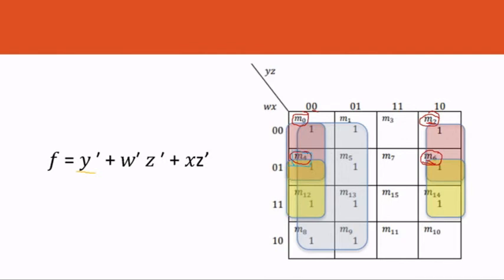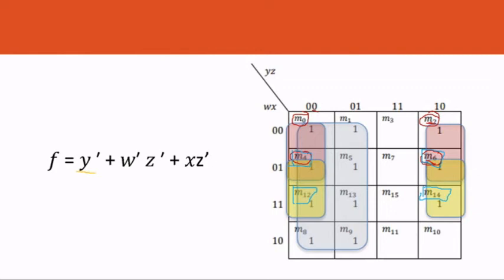And as for the last group, we have here M4, we have M6, and then we have M14 and M12.